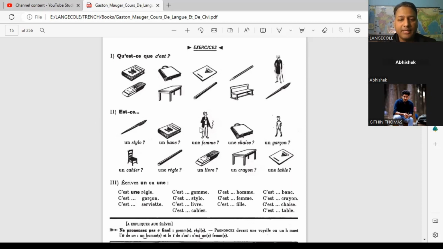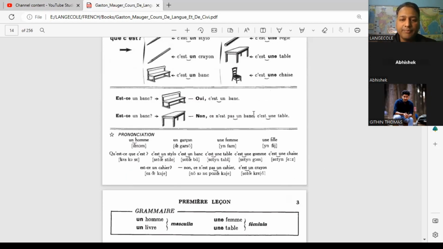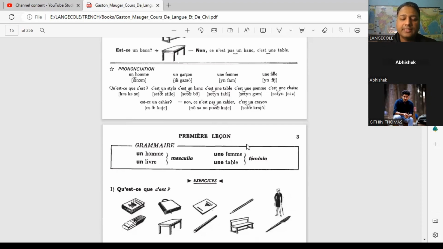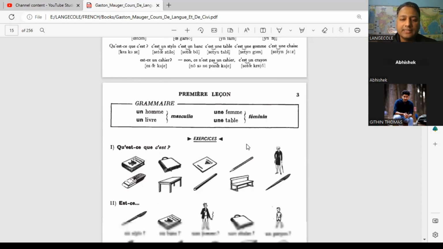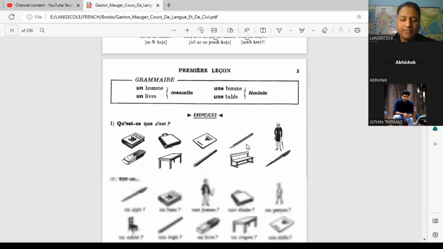If you have to make a negative sentence, like if it is not a stylo, in this case this is a livre, then take the example from here and try to write the sentence, and try to understand the structure there. If there are difficulties, we'll look at it.